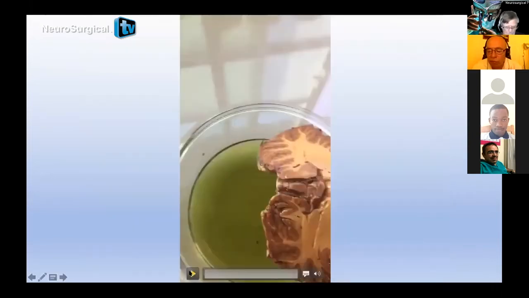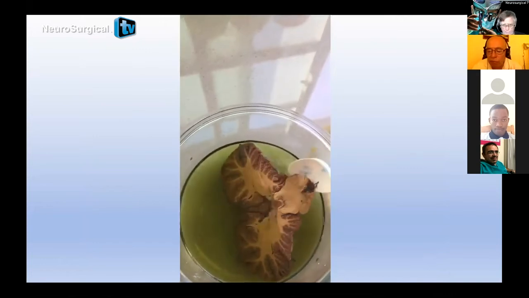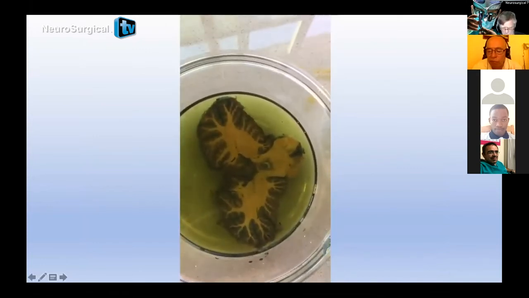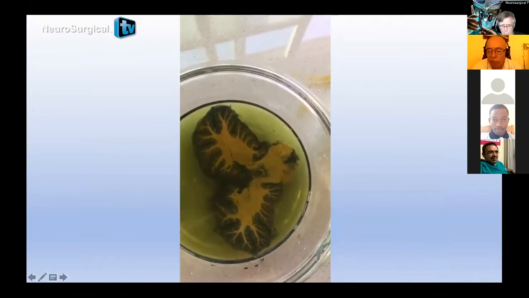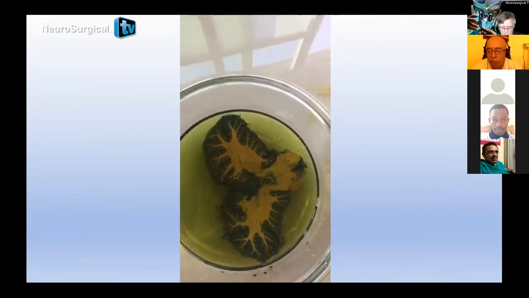And look at this. This is the cut brain without staining. And then after, you can see how this brain cut is changing its color.